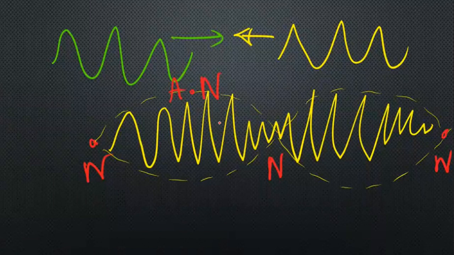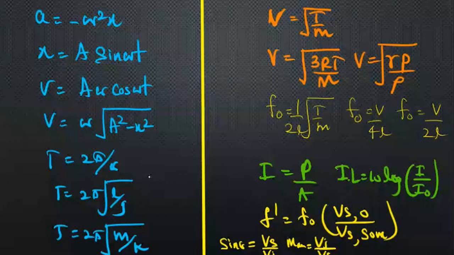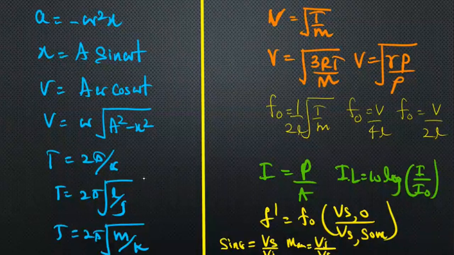From these, we hear beats. Say the frequency of one is f1 and the frequency of the other is f2. Beat frequency is equal to f1 minus f2, the difference between them. Right. These are the basic equations we have from simple harmonic motion and waves lessons.